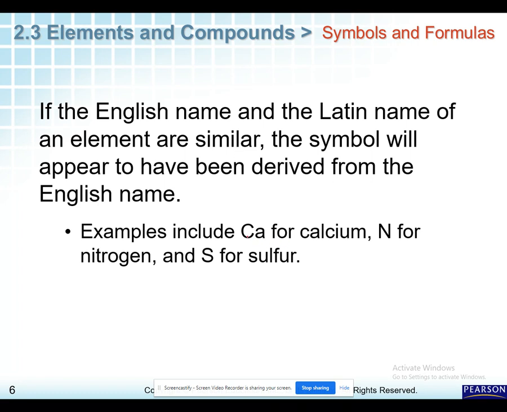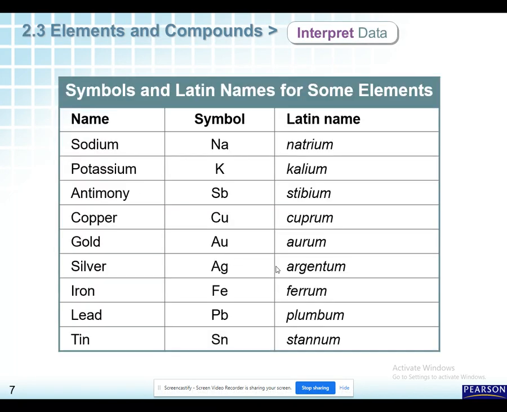So we think, for example, Ca for calcium, N for nitrogen, and S for sulfur. However, that's not always the case. Since they're named after Latin, some Latin names are different than their English names. For example, sodium becomes natrium. That's why sodium is not S or SO. Sodium is Na because of the Latin name.